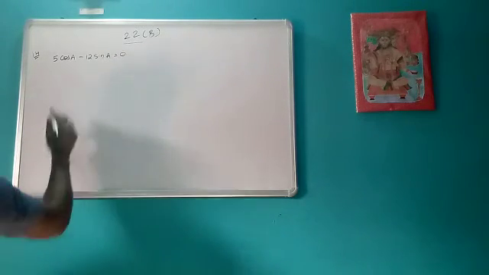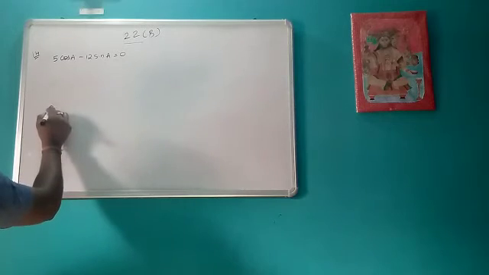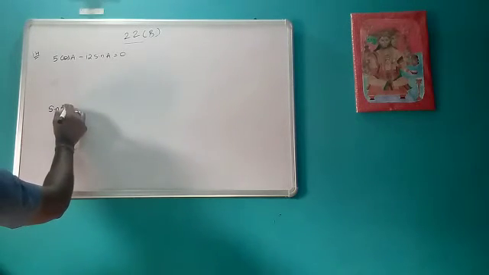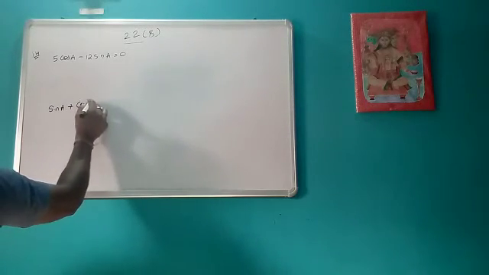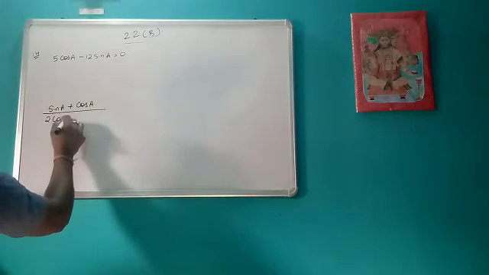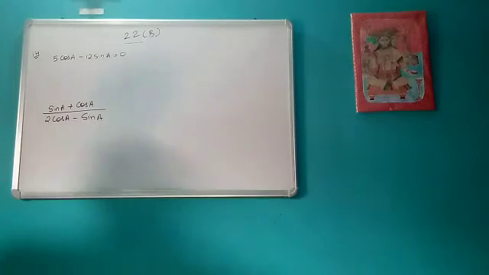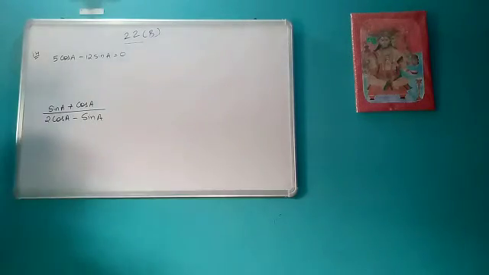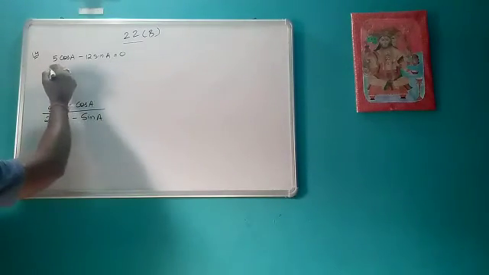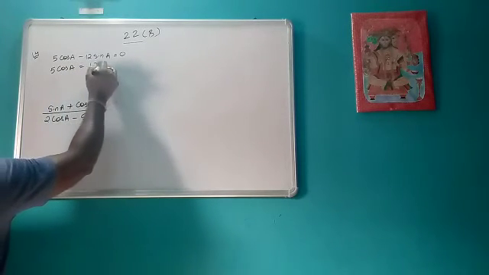And with the help of this, we have to find the value of sin A plus cos A upon 2 cos A minus sin A. Okay. So how do we start this question? First, we will adjust the terms like this. Cos A equals to 12 sin A.